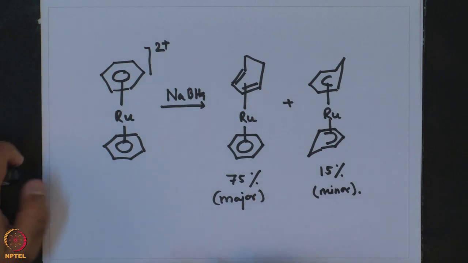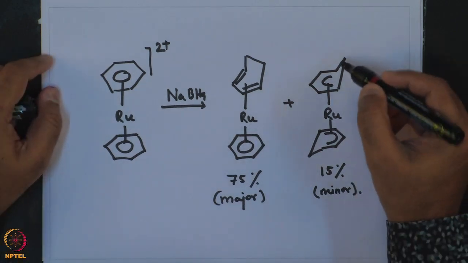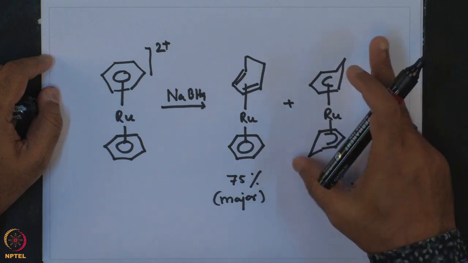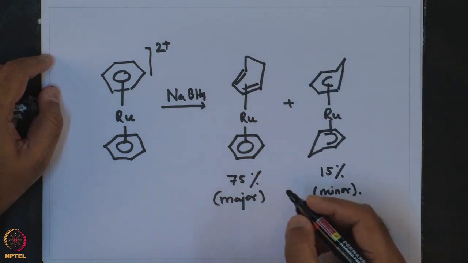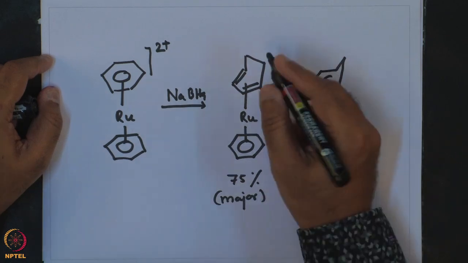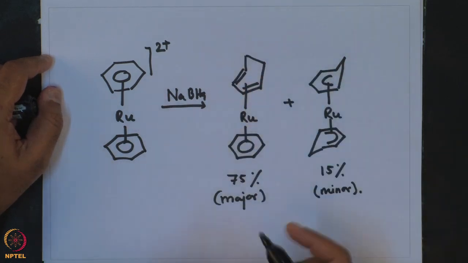So the difference is that in this case the nucleophile adds on the two different rings, but in the ruthenium case, this homoannular secondary addition, both the nucleophiles add on the same ring.